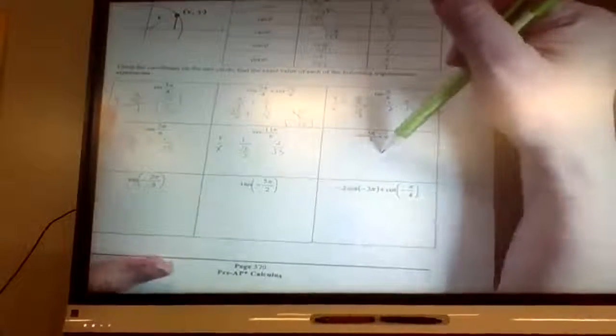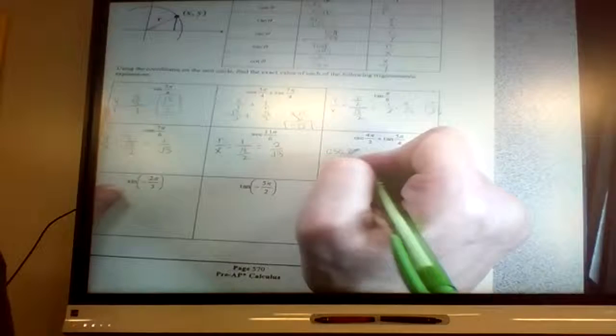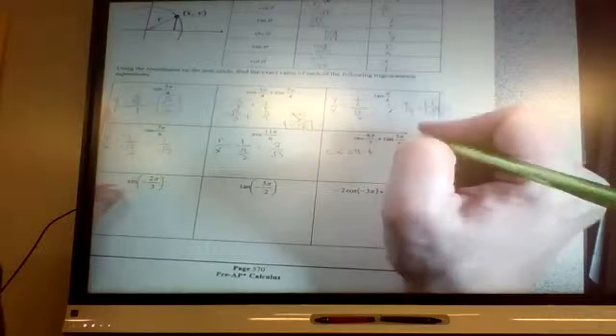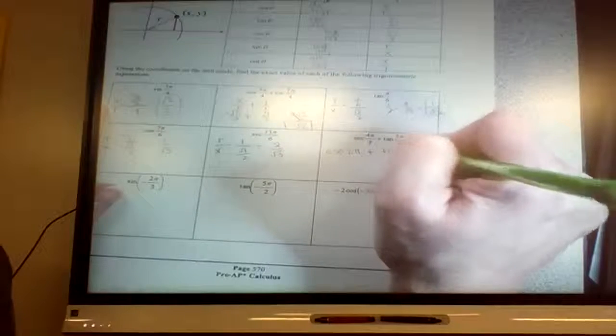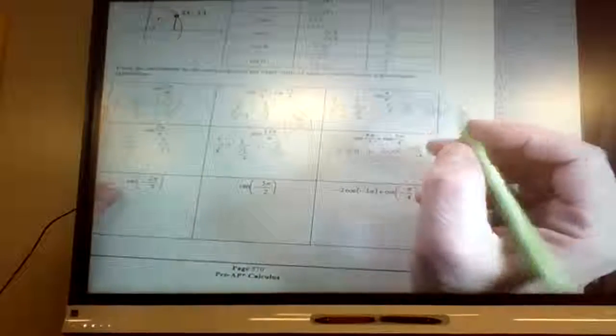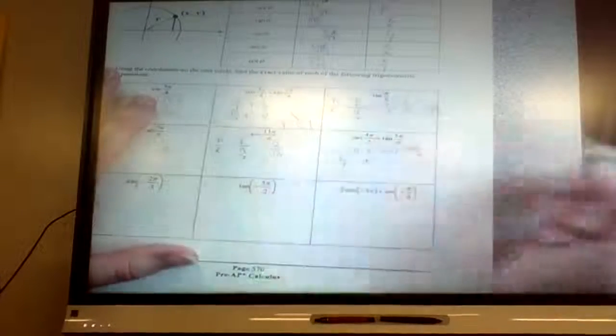What happens over here? Let's look at this one. Cosecant of 2 pi plus the tangent of 5 pi over 4. Cosecant is r over y. Tangent is y over x.